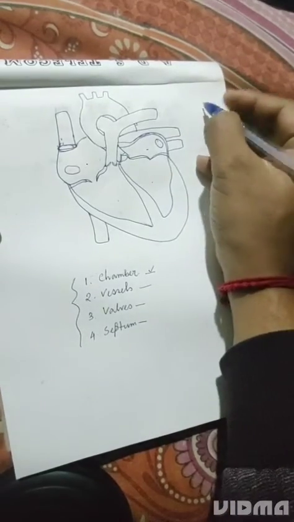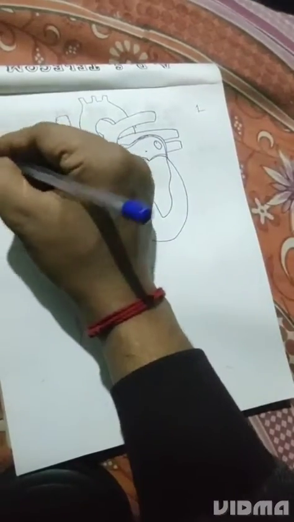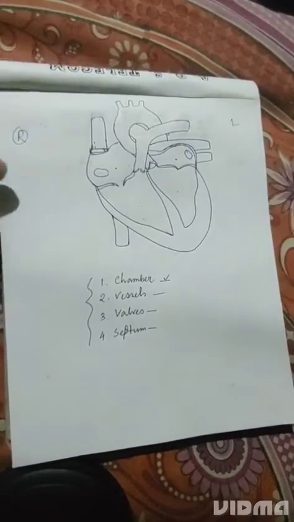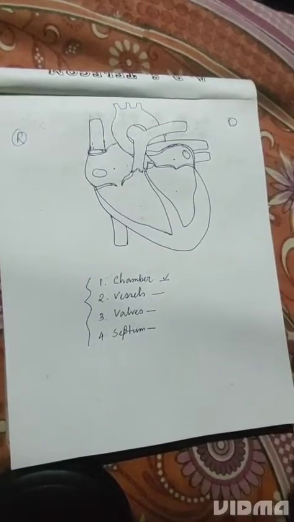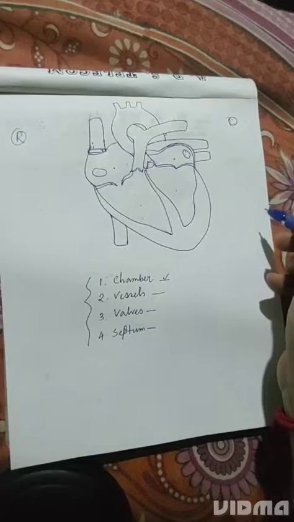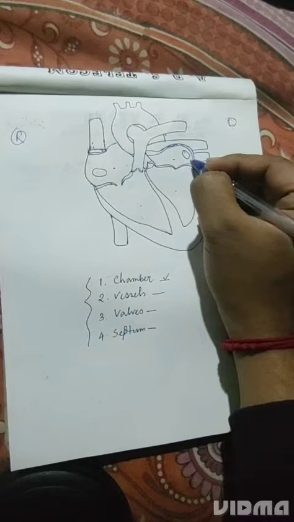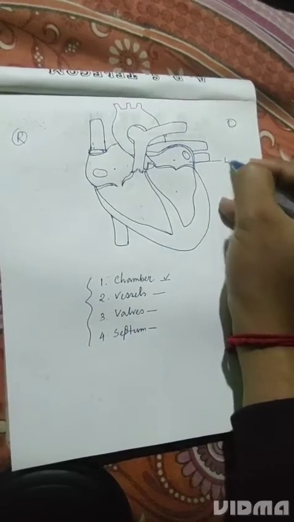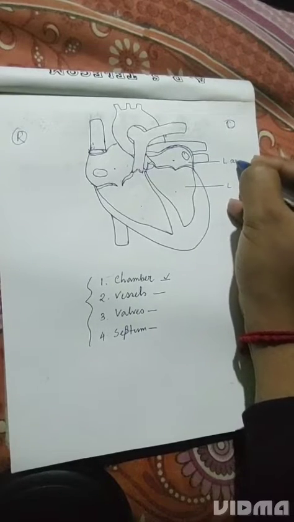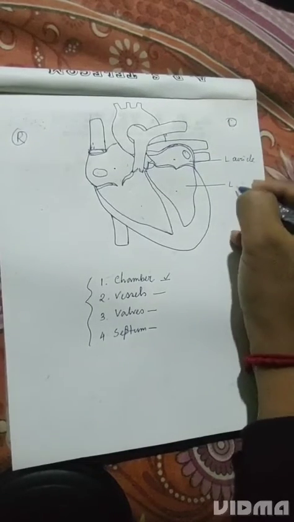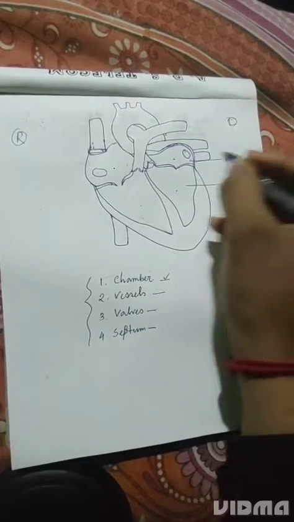If you divide the heart into the left side and the right side, you can say mainly of four chambers. The left side chambers are called left auricle and left ventricle. This is left auricle and this is left ventricle.